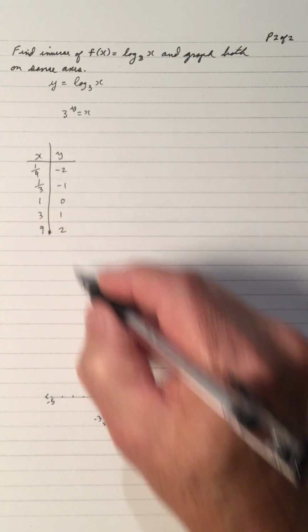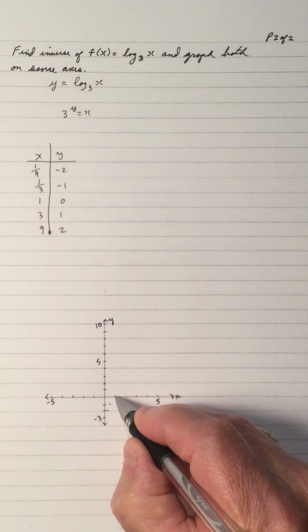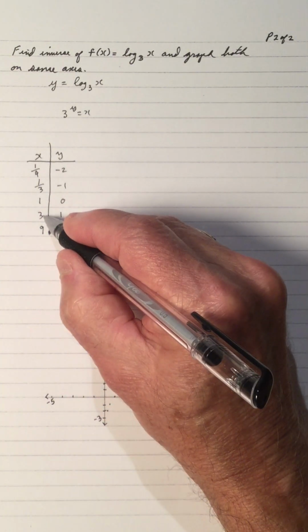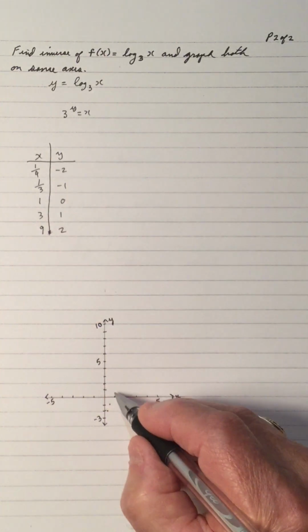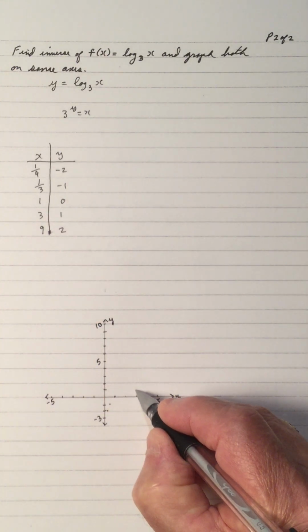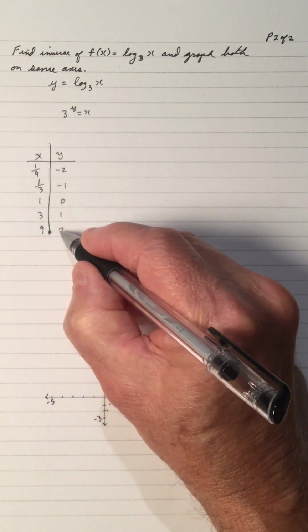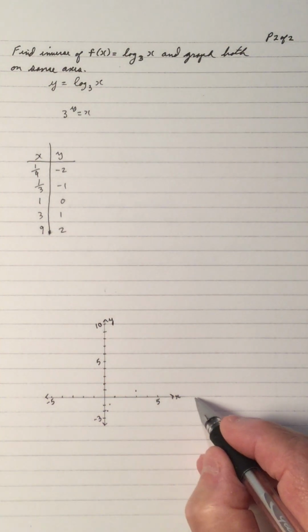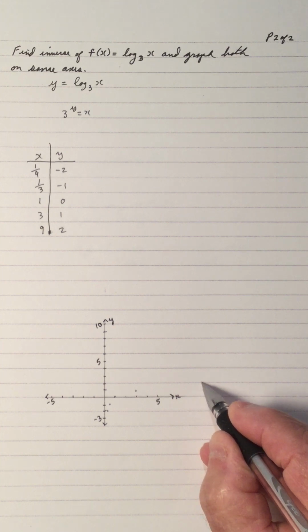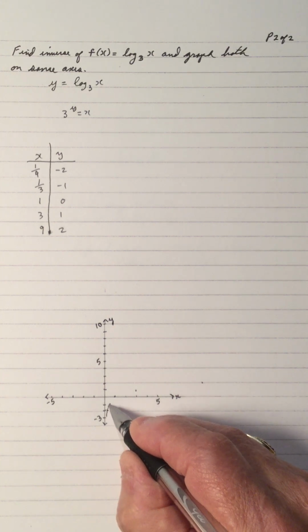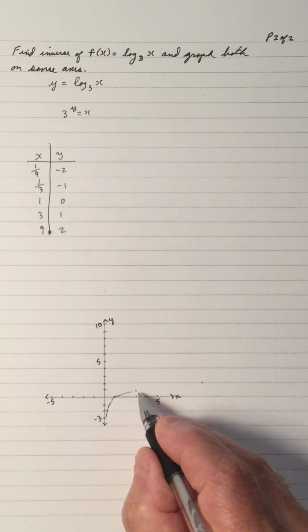X is 1, y is 0. X is 3, y is 1. X is 9, y is 2, way over here. So you can see that this is the graph of the log.